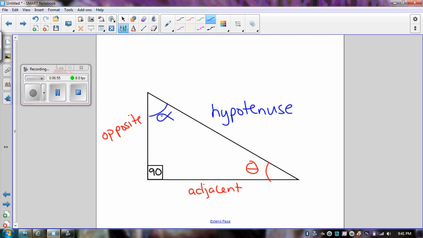And so what if I was looking at the alpha angle? Well then, if this was the angle in question, then this side would be known as the opposite. And this side over here that's connected to the angle but not the hypotenuse would be the adjacent. So you see, it all depends on which angle you're in reference to. Notice, however, that the hypotenuse still remains the hypotenuse.